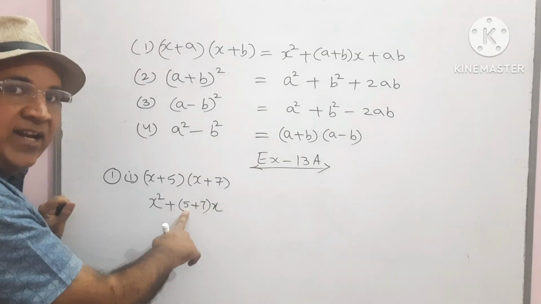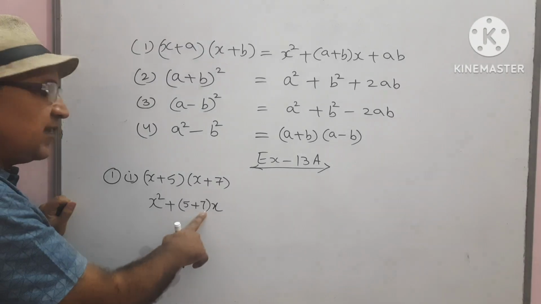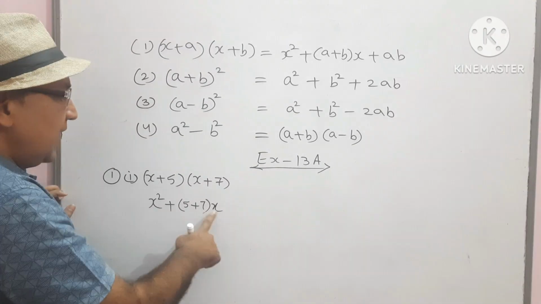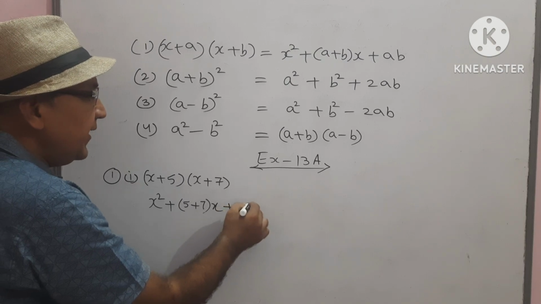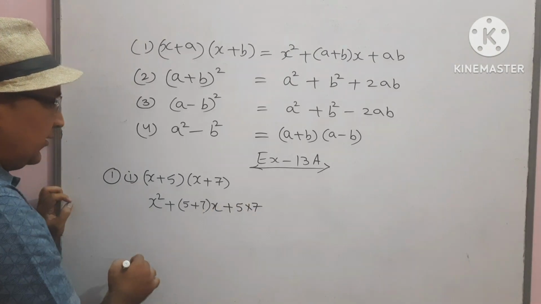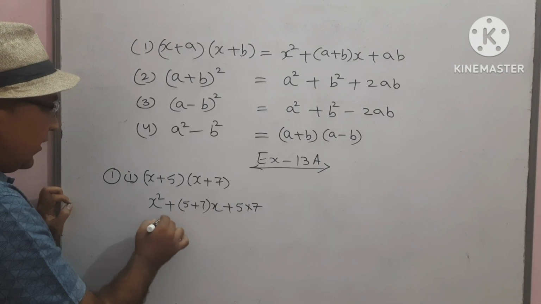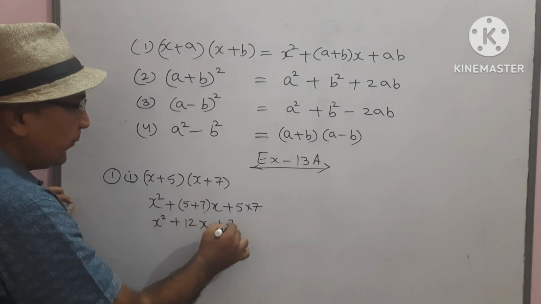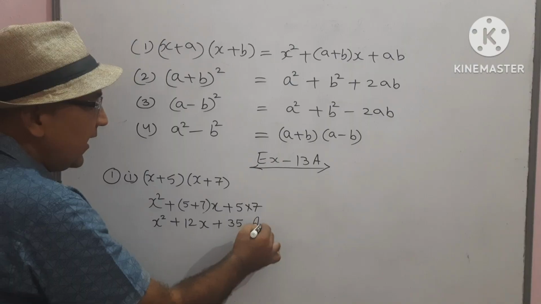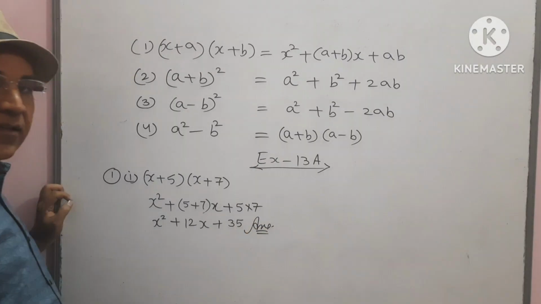At the place of a, 5, plus at the place of b, 7. And then ab means 5 into 7. Now solve this: x² + 12x + 35, and this will be your answer.